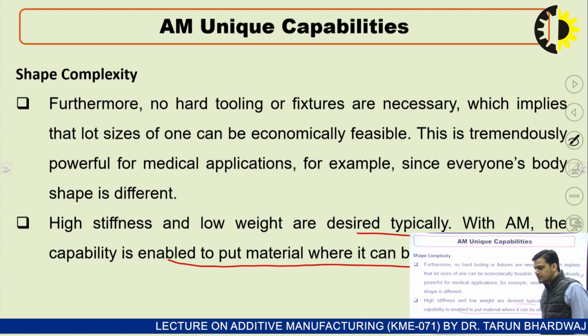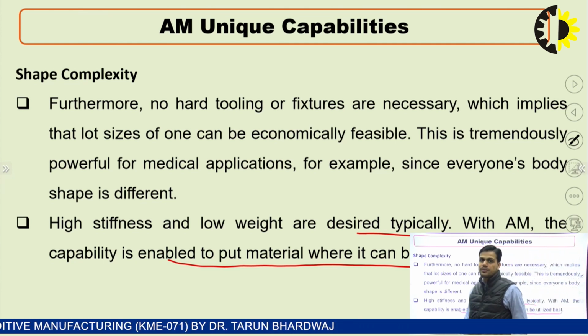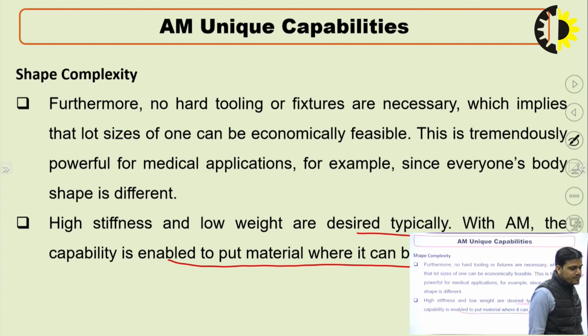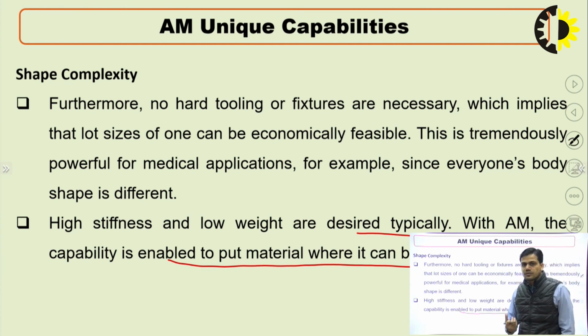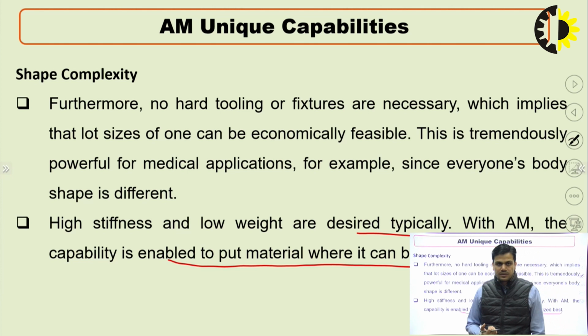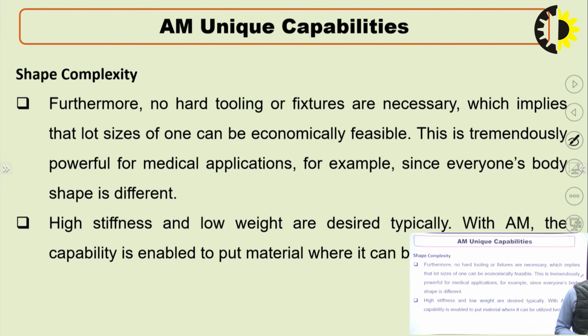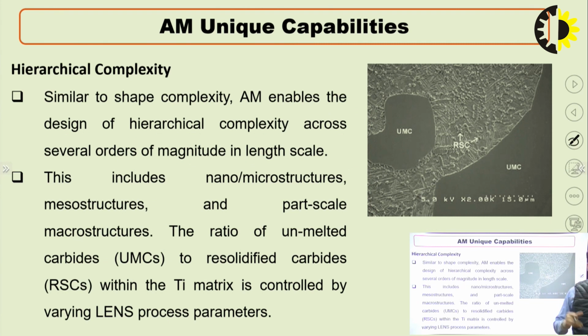So here you can also do topology optimization. If you have a facility for topology optimization, using some FEM software you can remove the material from wherever it is not necessary. We will see that in our material complexity also.